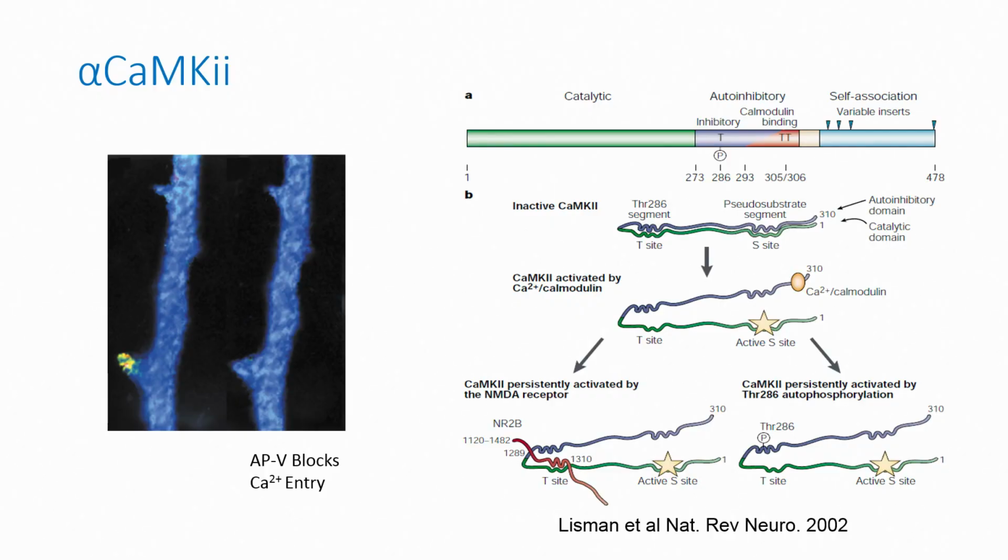It is a protein, it has multiple domains or structural elements, each doing its own function. There is a large catalytic domain, and there is also a calmodulin binding or an inhibitory domain, and so on.